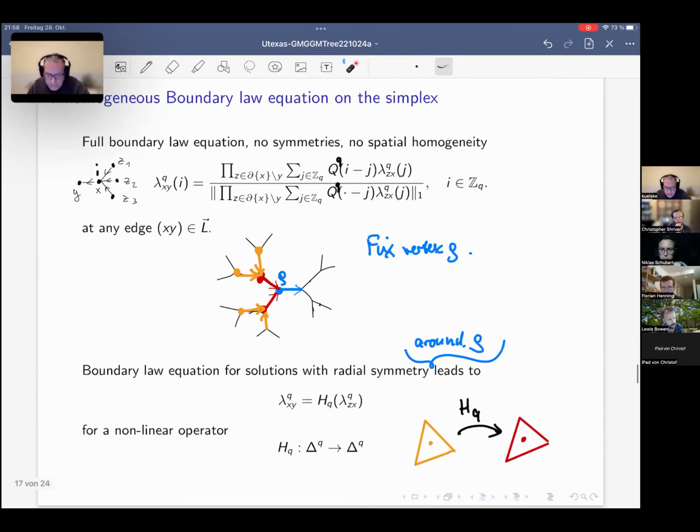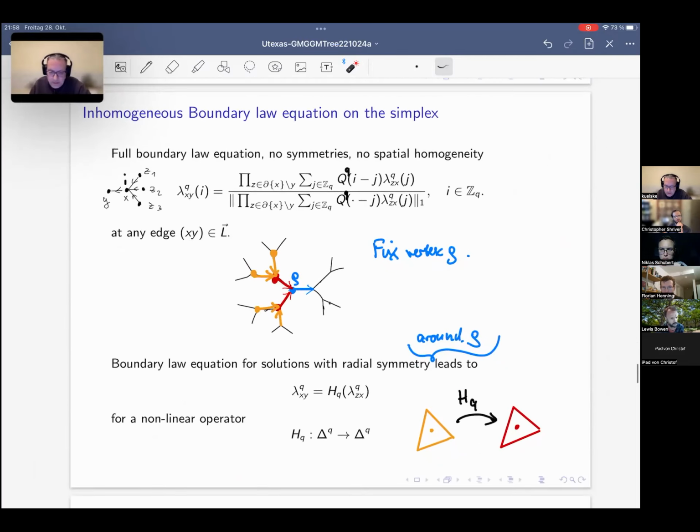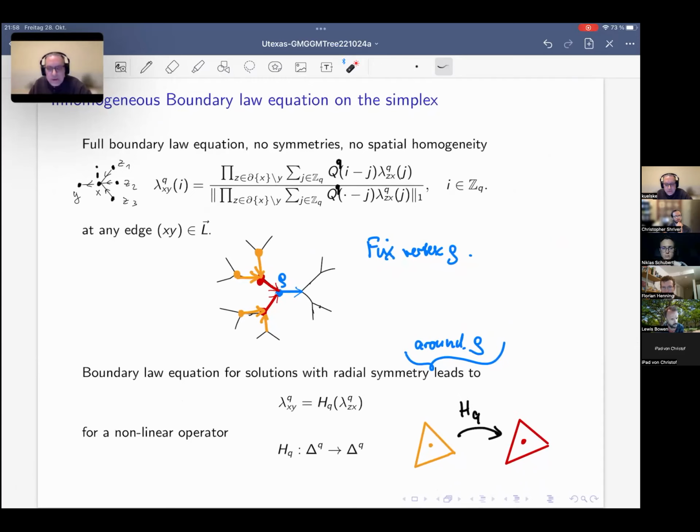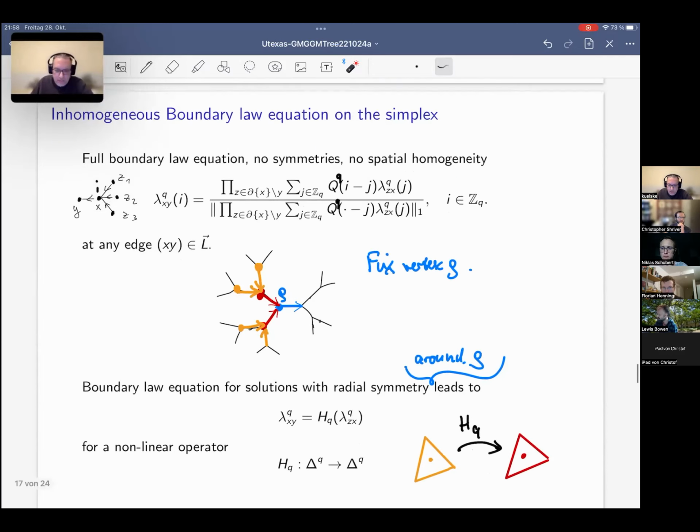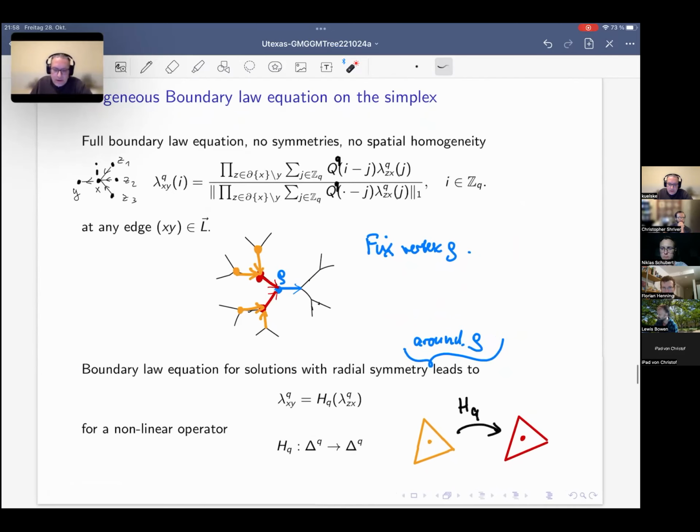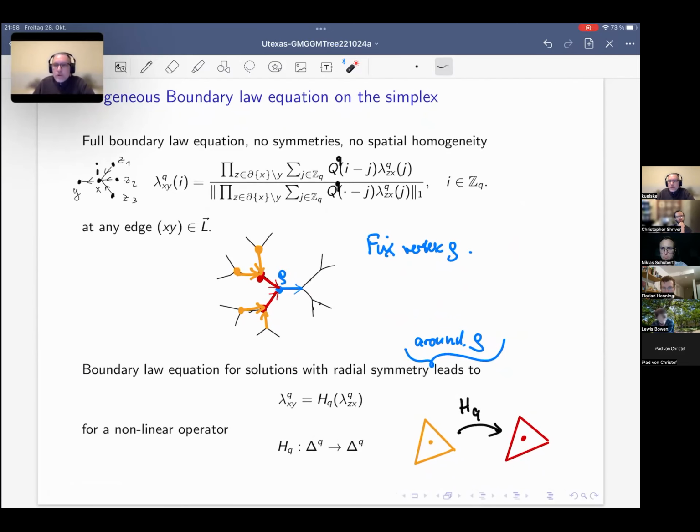Okay, so here there's nevertheless some picture with this dynamical system to show. Namely, we had this full boundary law equation, for which in principle we have to look at every oriented edge. So let us look not for homogeneous solutions, but at least for solutions which have some symmetry. So we do the following. Here's a picture of the tree, which in this picture happens to be a binary tree.